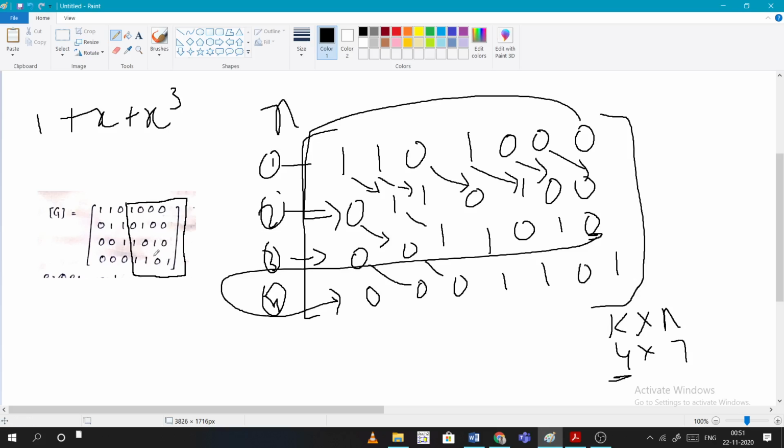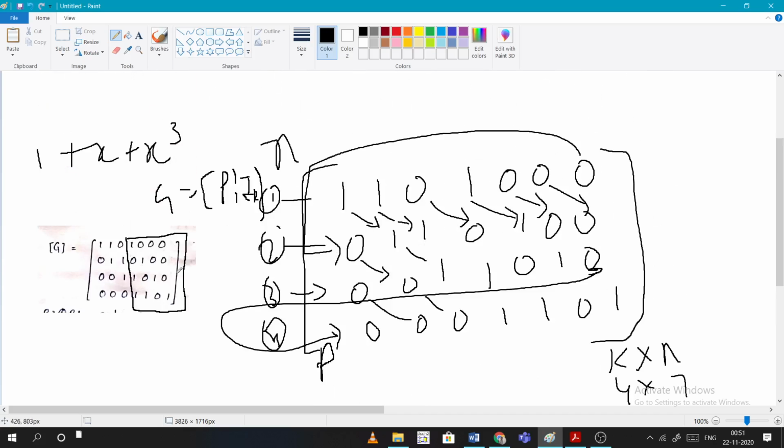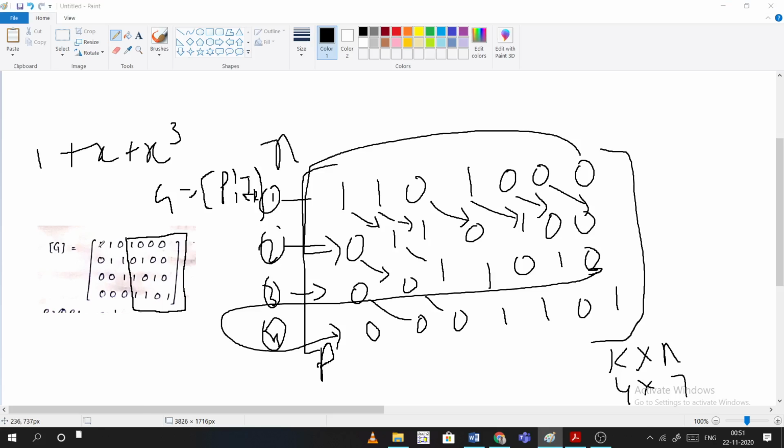If you apply a few row operations, it will be converted to an identity matrix. So that's why I am using G as P I K. Basically for G there are two ways: either we can write P I or I P. But here I am taking this because when you look at the matrix, the second half is more similar to the identity matrix. If I take the first k bits, it will be difficult. From that observation I am taking it like that.